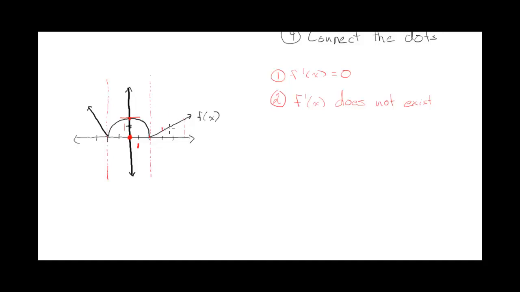So the rise is about 1 over 2. So here I'm going to estimate the slope of the tangent at every point along here to be equal to a half. So it's a constant of a half. An open circle here because you're not going to include that in the domain because the derivative does not exist at that point.